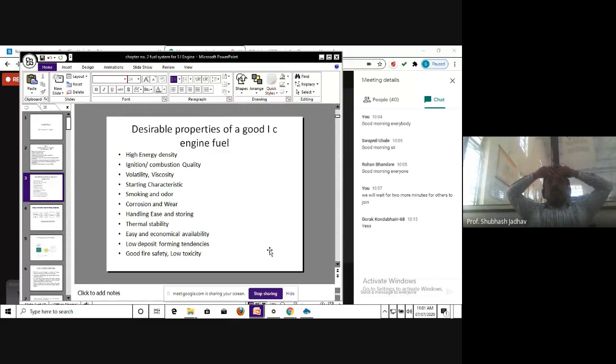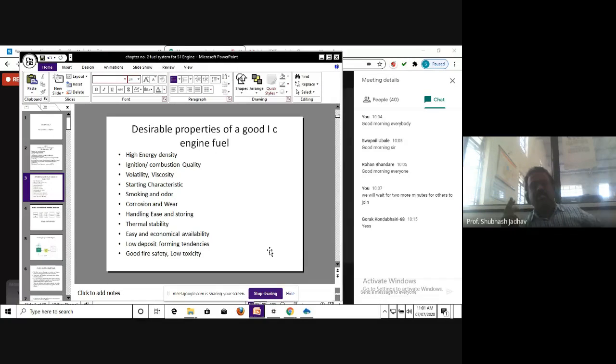For example, we know that if you take a lamp, you have some deposits. We call it kajali, correct? So some deposits are over there, and these deposits are coming due to whatever is being burned. When the oil is being burned, something is being produced. It is in the form of carbon, and that is being deposited somewhere.